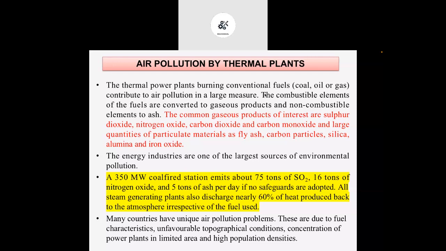Okay, because these particular molecules, or we can say those particular substances, badly affect the environment and badly affect human beings also. Okay, this sulfur dioxide, we are saying, will affect the human body. It will sometimes cause cancer, lung cancer, to the human body.